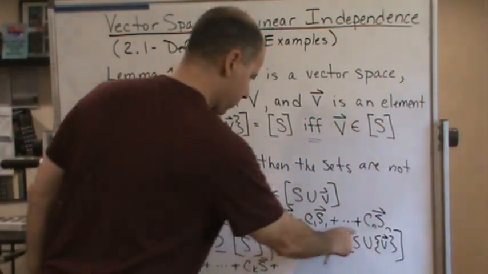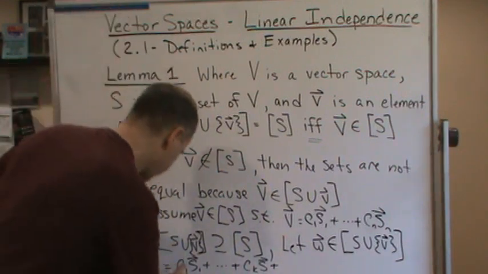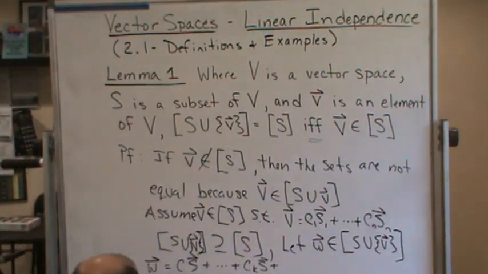We already got 1 through n here. Let's not use that. Let's use n plus 1. Yeah, we want to start with n plus 1, and then let's use n plus k.